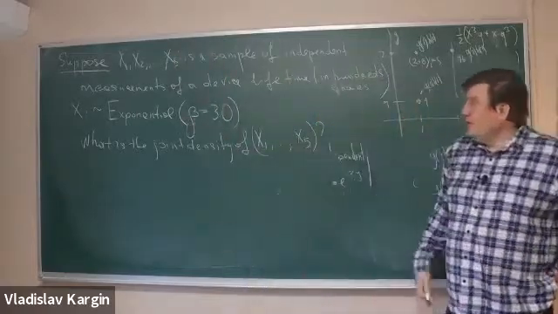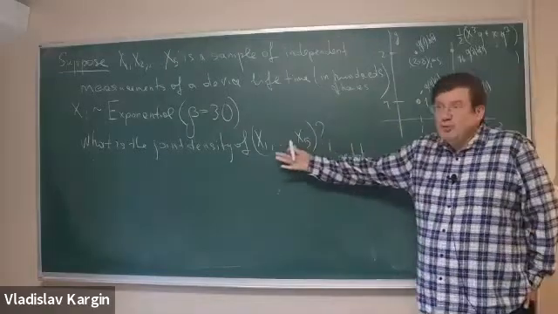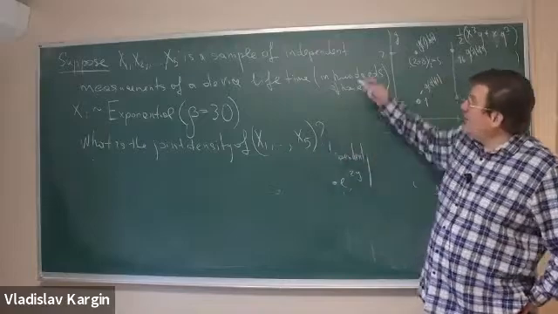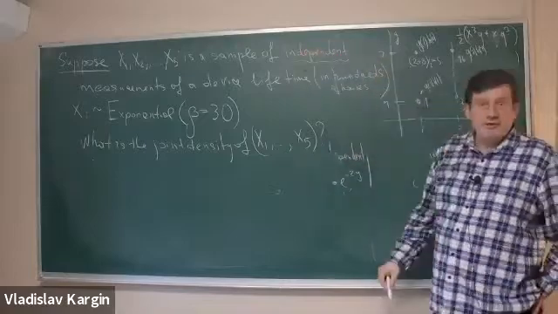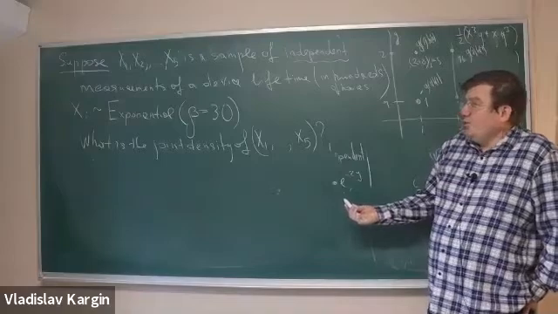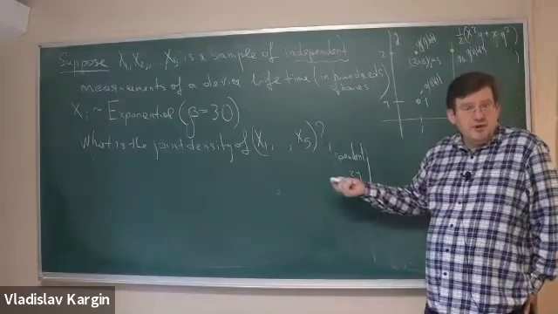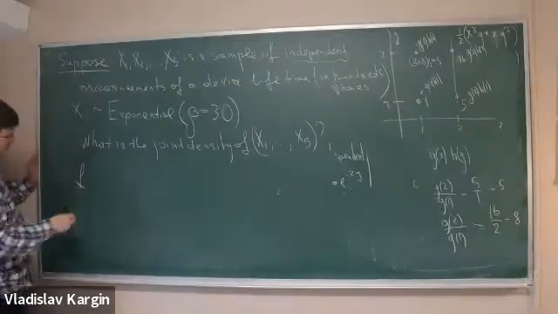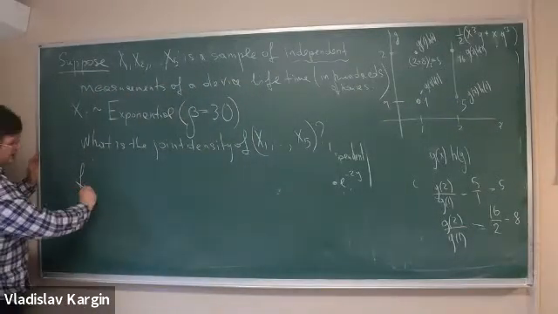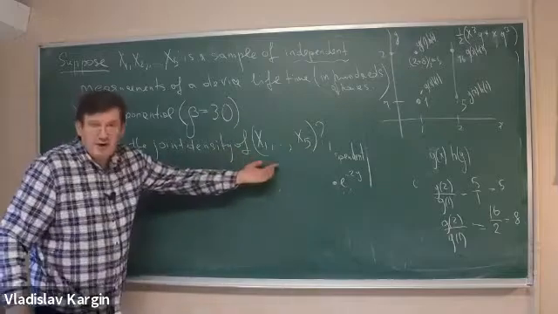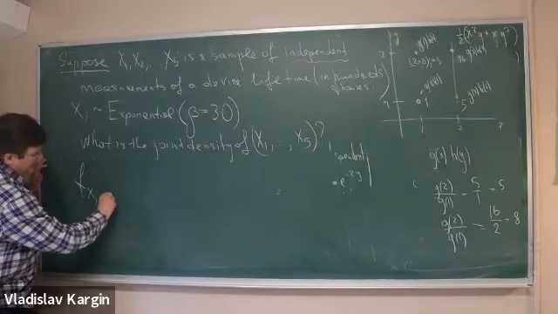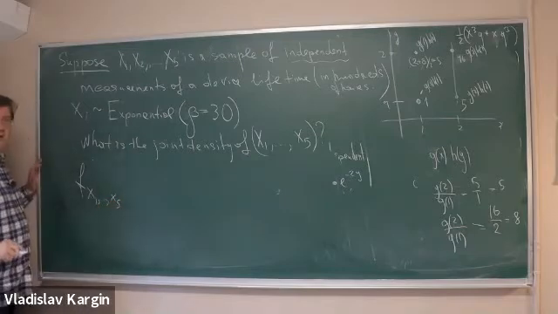So now we have not 2 random variables, x and y, but 5 random variables which are independent. We assume that they're independent. How do we write the joint density? It's just a product. Independence means that this is just a product. So you write f of x1 until x5. Here I fixed it at 5, usually it's n.